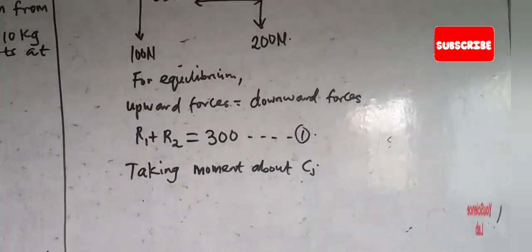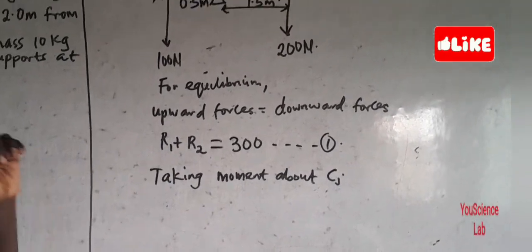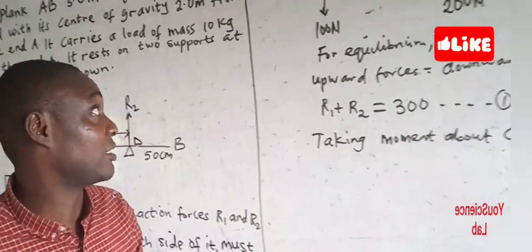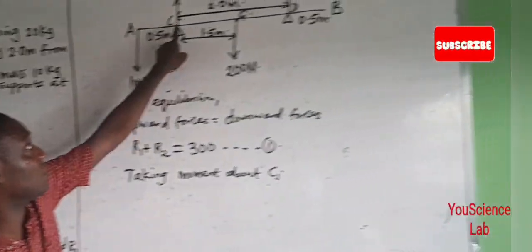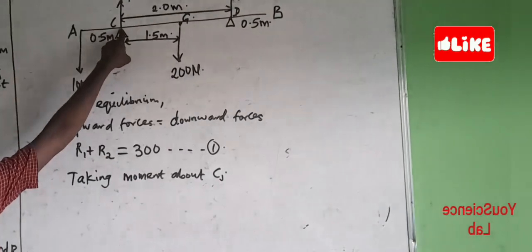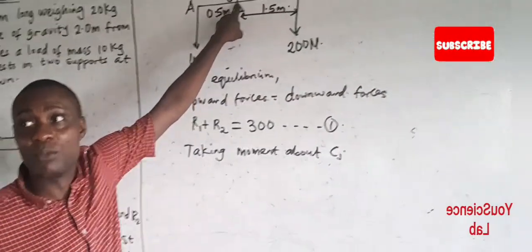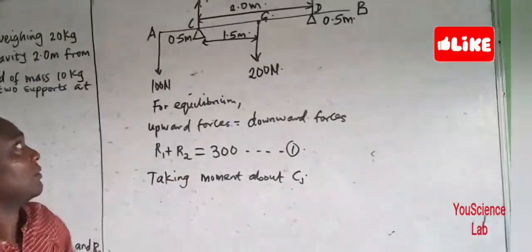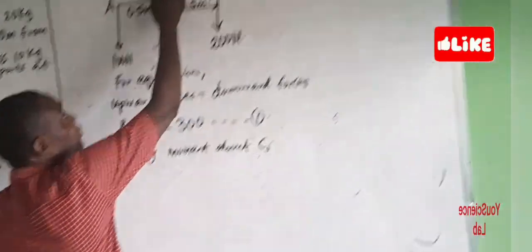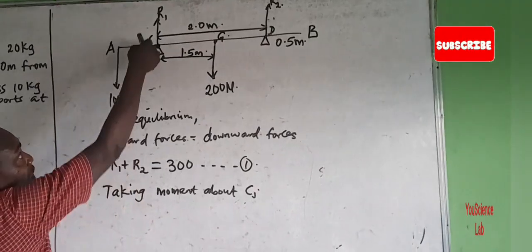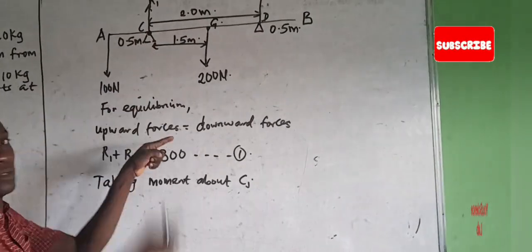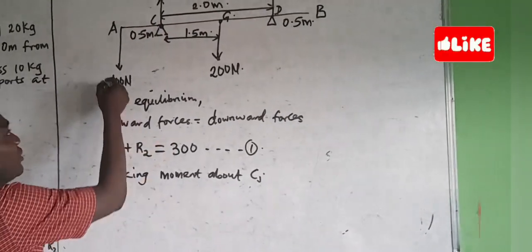Now let's look at the clockwise and anti-clockwise movement. We determine it based on the fact that we are taking moment about point C. Now if I take moment about this point, this force is going to rotate this plank in this direction, right? So what direction is this?